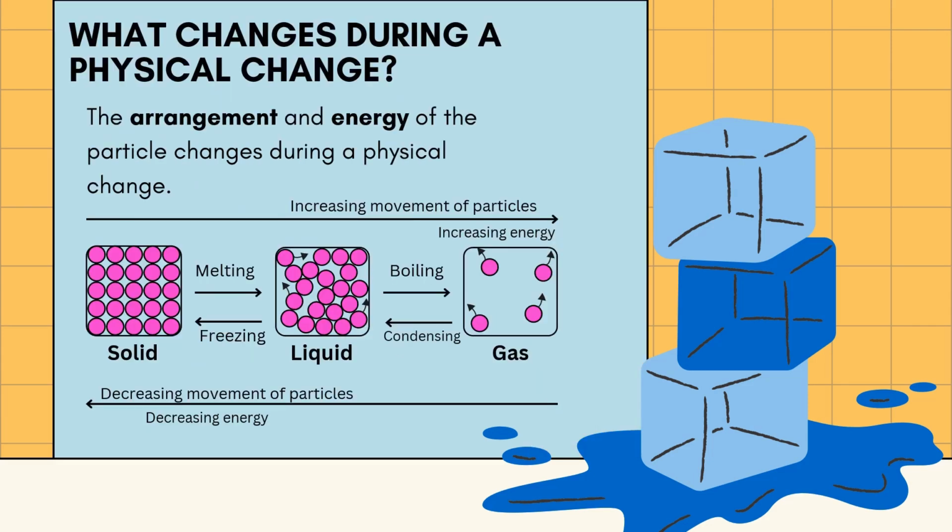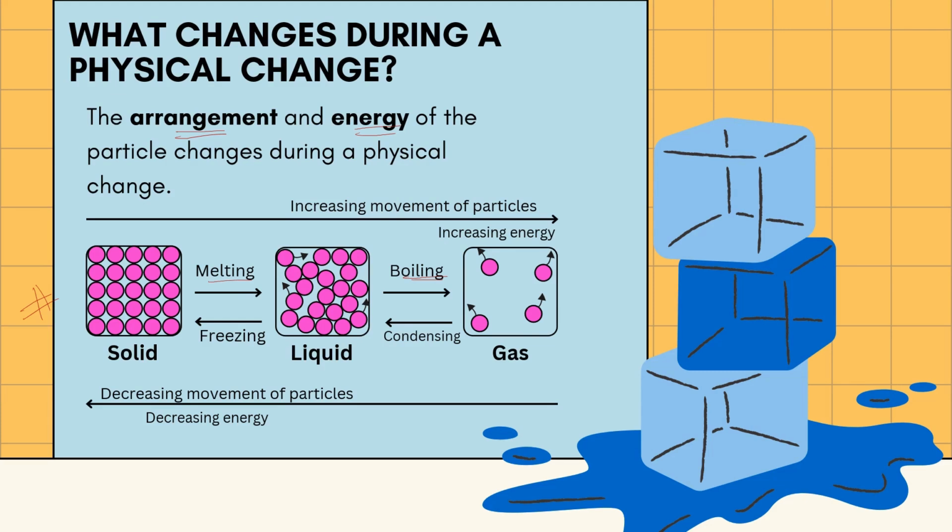What changes during a physical change? The arrangement and energy of the particles changes during a physical change. You can see in this particle diagram solid, liquid, and gas. When we add heat, melting occurs, that is solid changes to liquid, and then we add heat to liquid, boiling takes place and it converts into gas.